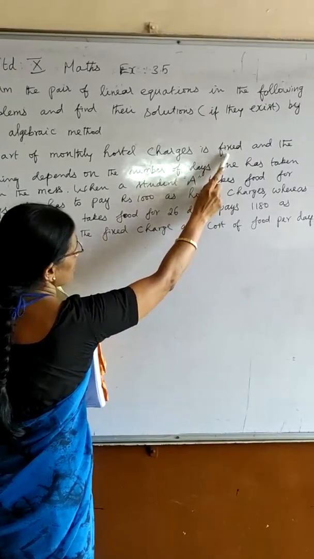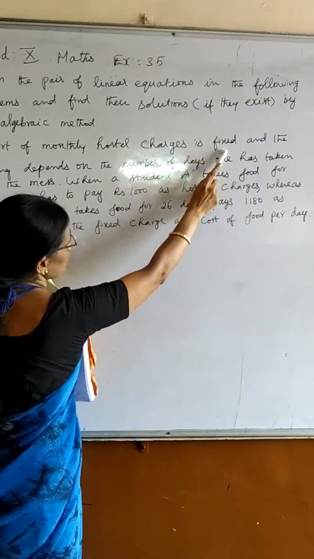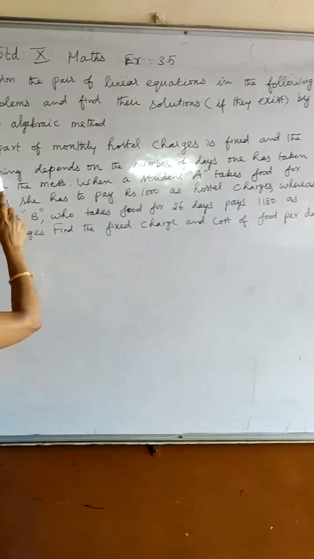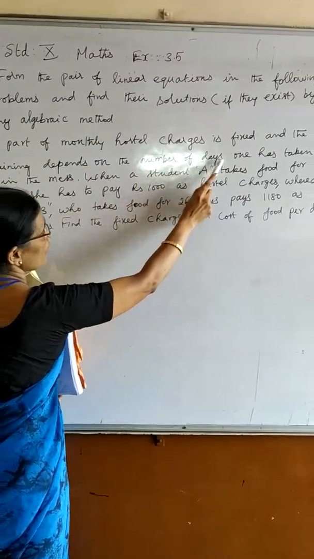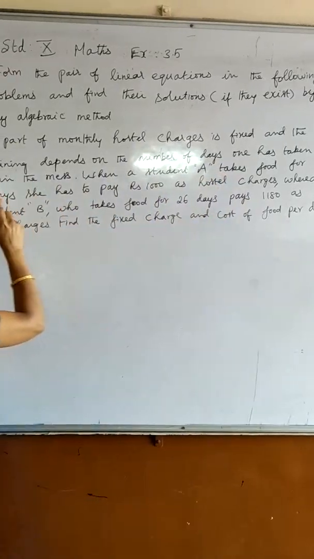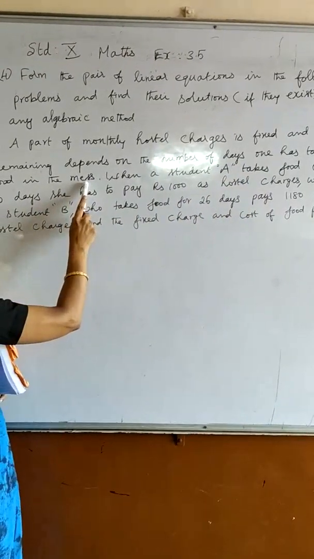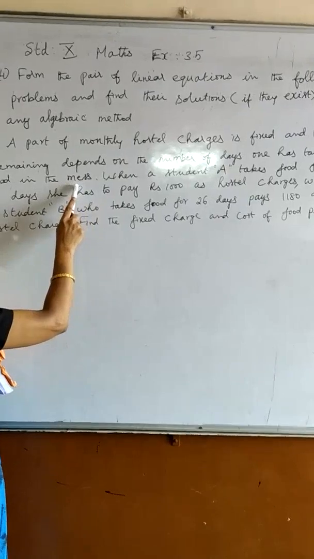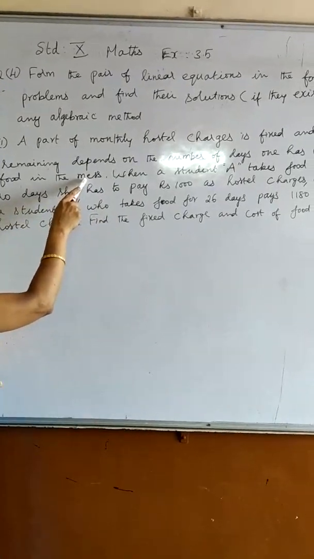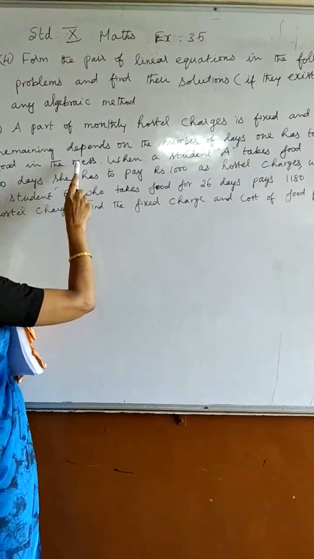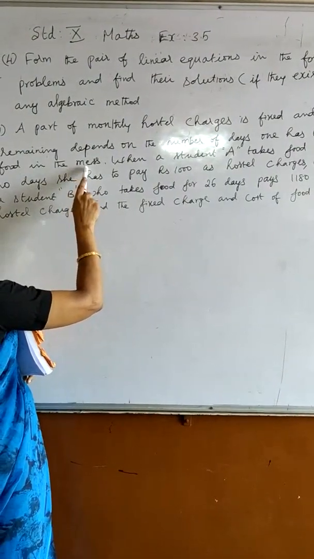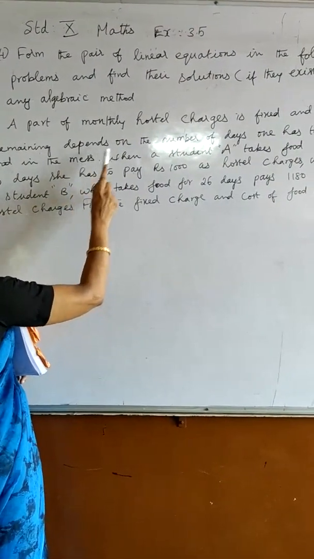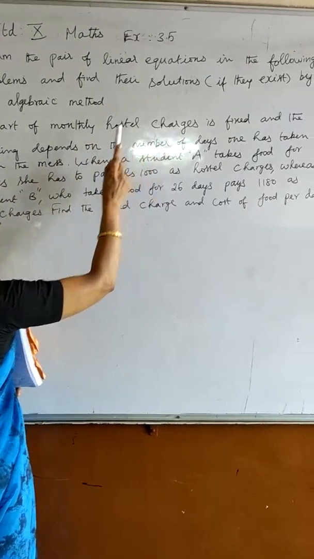And the remaining part depends on the number of days one has taken food in the mess. Suppose if the student has taken 20 days, only 20 days food charge will be calculated plus that fixed charge gives the total hostel charge.